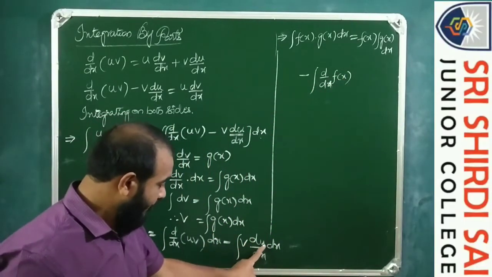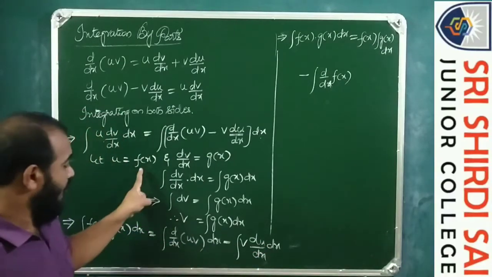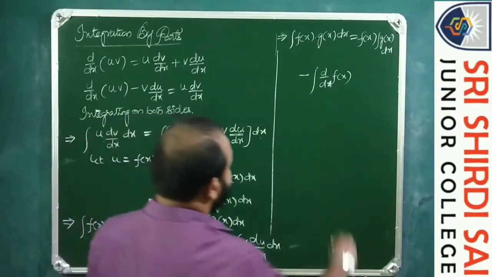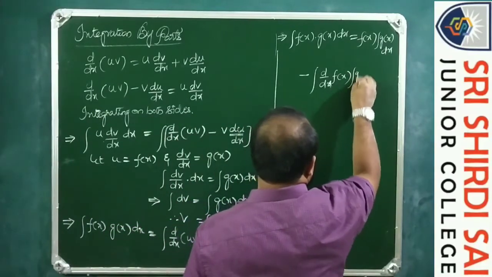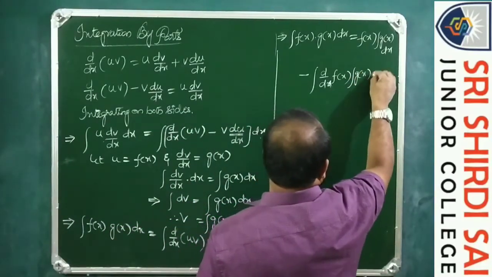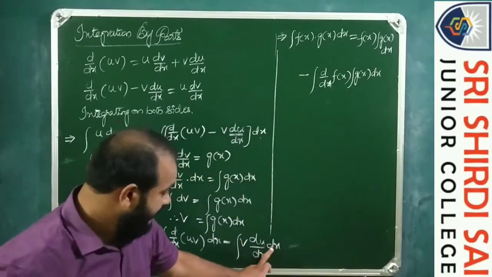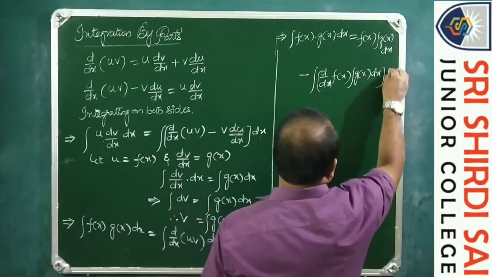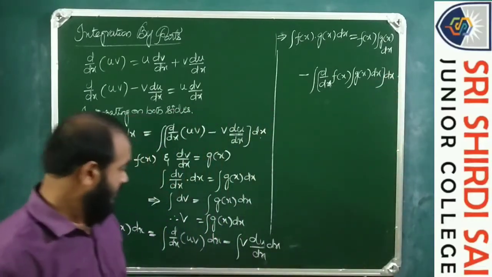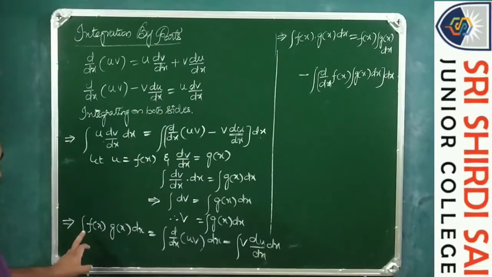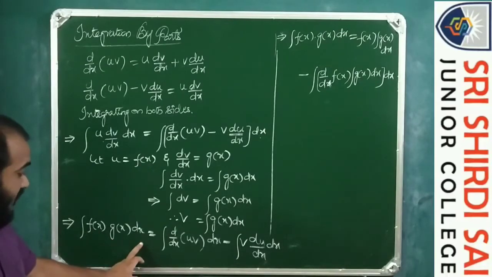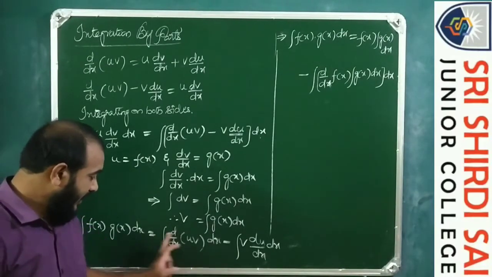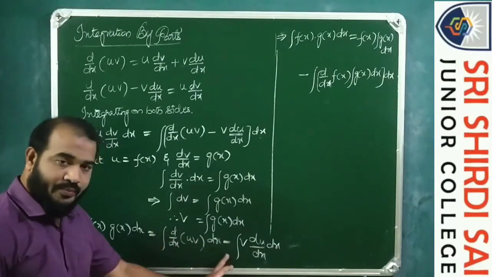Again, the integral of f of x into g of x dx is equal to the integral of d by dx of uv dx, and integral and derivative are reversed processes.